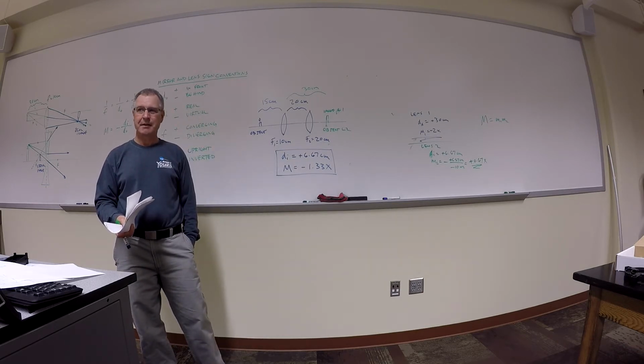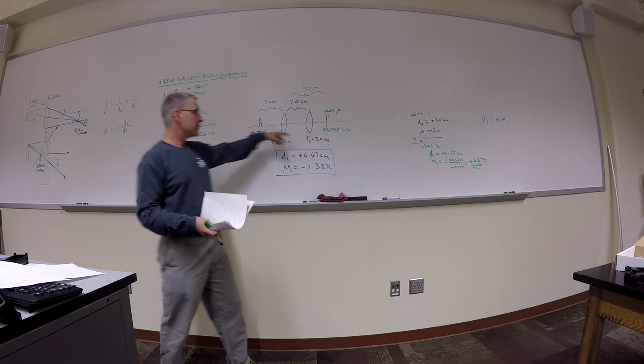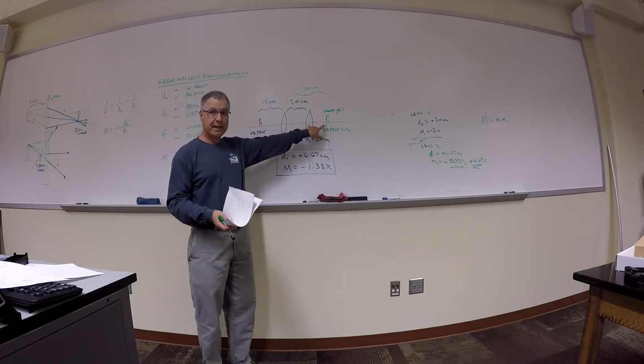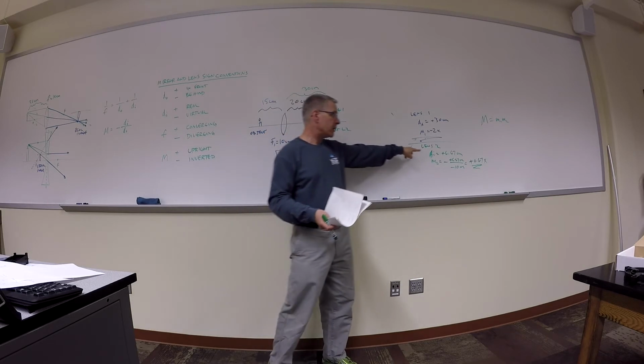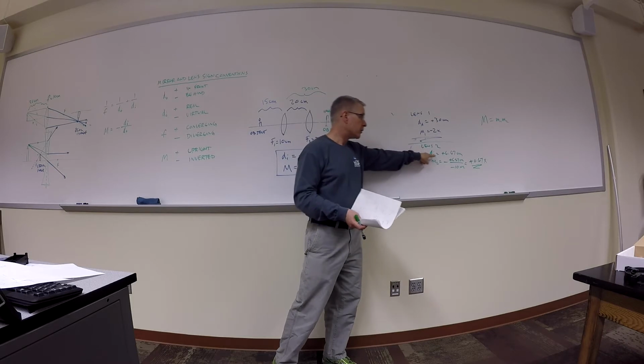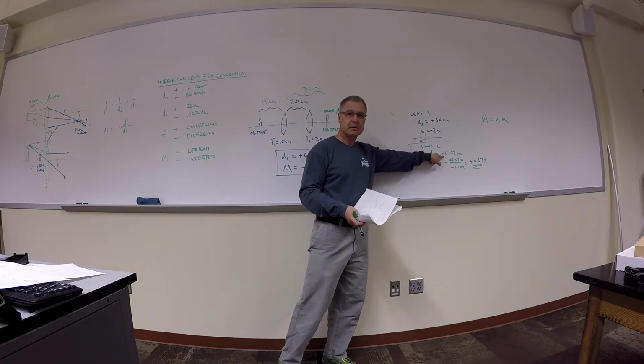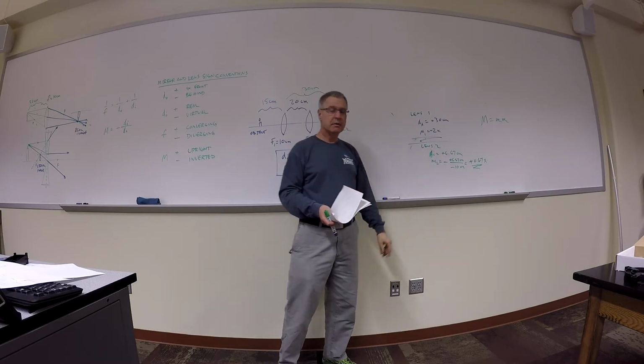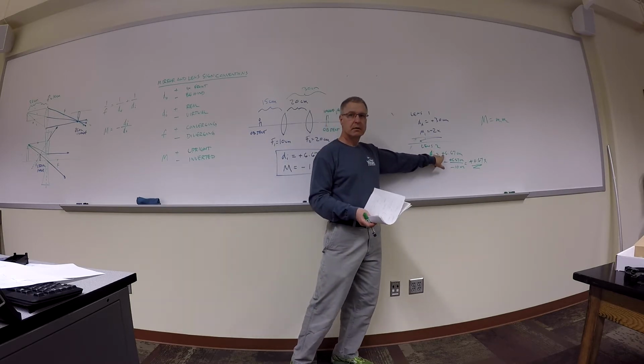Remember how we did that? We did the first lens, we ended up there. Now all we're doing is the second lens, and we have that spit out. That's 6.67 centimeters from where? The second lens, that's where we got that number. To the right or to the left of the second lens? To the right. So in front or behind just depends on where your object is?